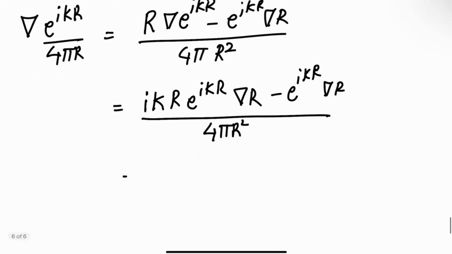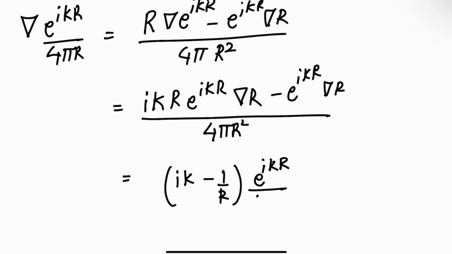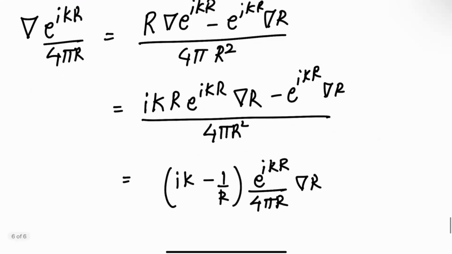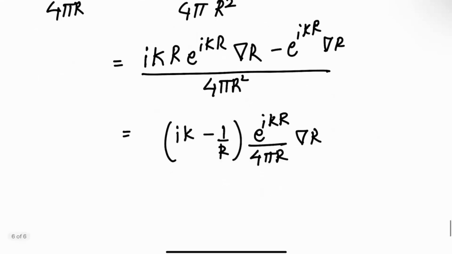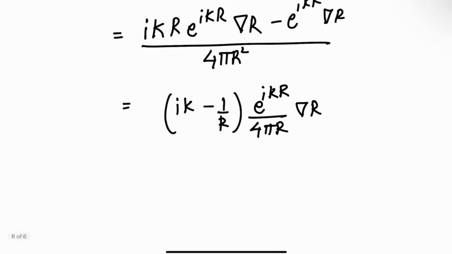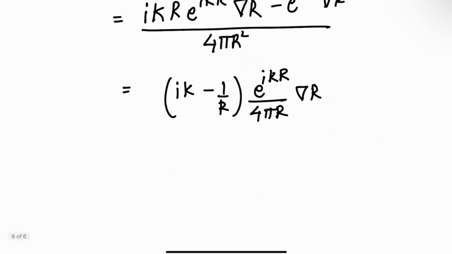So this is nothing but ik minus 1 over r, e to the ikr over 4 pi r, times the gradient of r. So it's a useful relationship to remember that the gradient of the scalar Green's function is this, right? But anyway, you don't have to remember it. You can easily derive it using the product rule and chain rule.